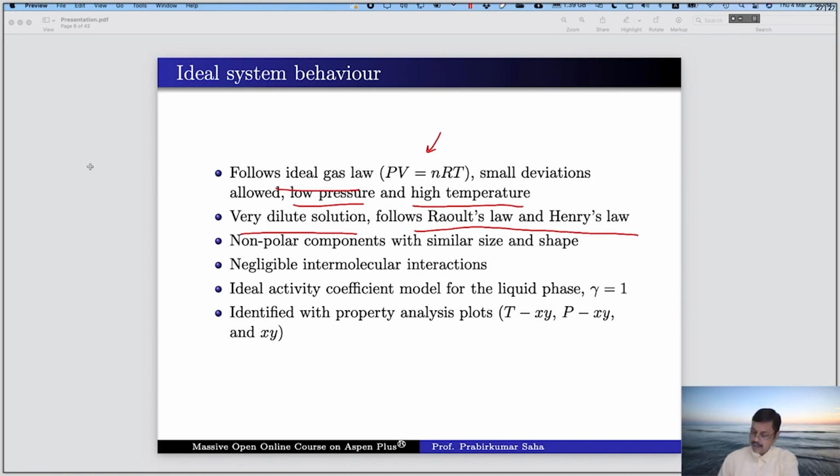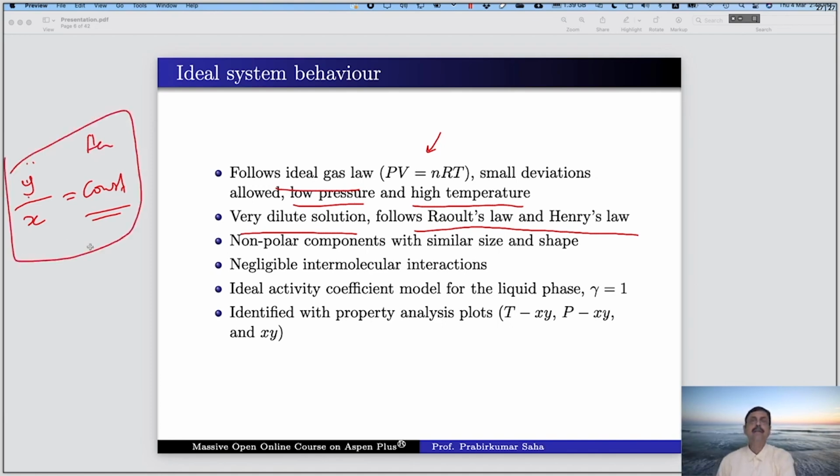We know that for a very dilute solution, if the mole fraction of a component in the vapor phase is Y, and the mole fraction of the same component in the liquid phase is X, then for a dilute solution, Y by X is constant, and this constant is called the Henry's constant. This is Henry's law.